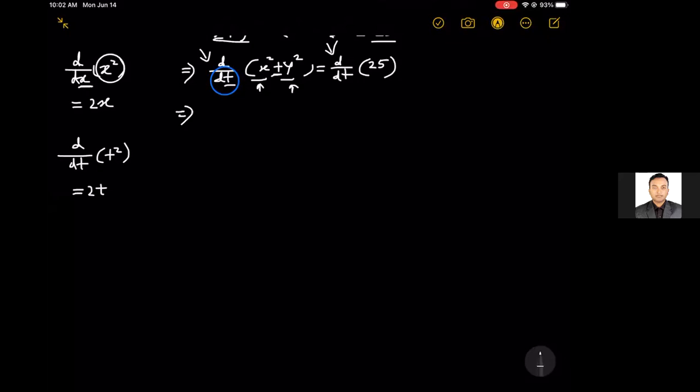So if it was t squared, we would have written 2t. Since we are finding it in terms of t, it's not really a t squared, but we can imagine it as a t squared. If it was a t squared, we would have written 2t. Since it's an x squared, we can write 2x, but it's not exactly that t squared, all right?